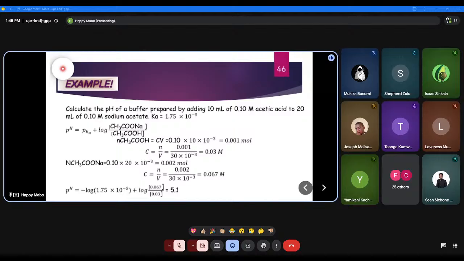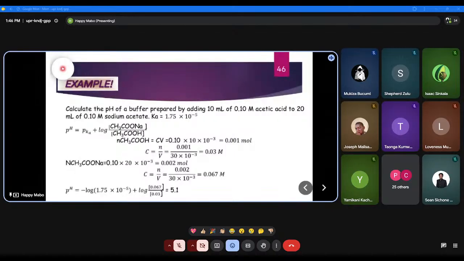When we are able to answer these questions, we'll be sure that we have students who remember the concepts presented to them and who are not going to struggle when they go to work in the mines or elsewhere. They will be able to work in a lab where they need to carry out chemical reactions and determine the pH at which those reactions are supposed to be carried out.